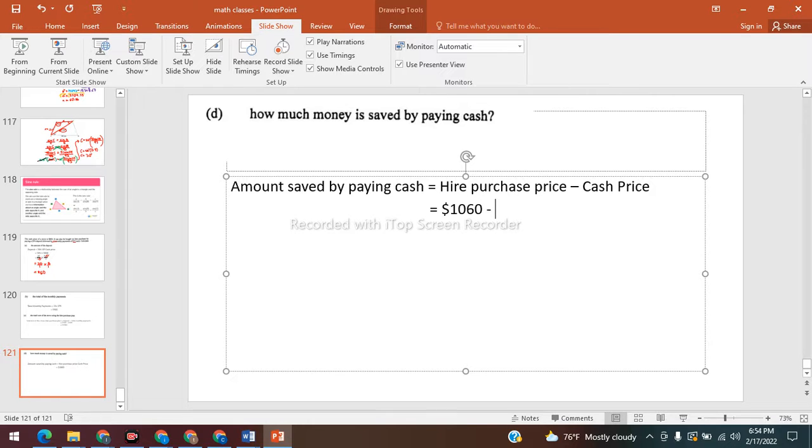I'm going to subtract that by the cash price, which is 800. We have 1,060 minus 800, which is $260.